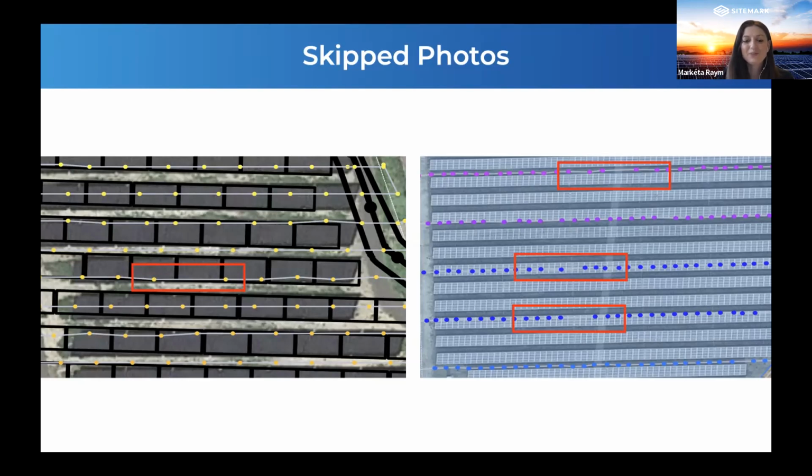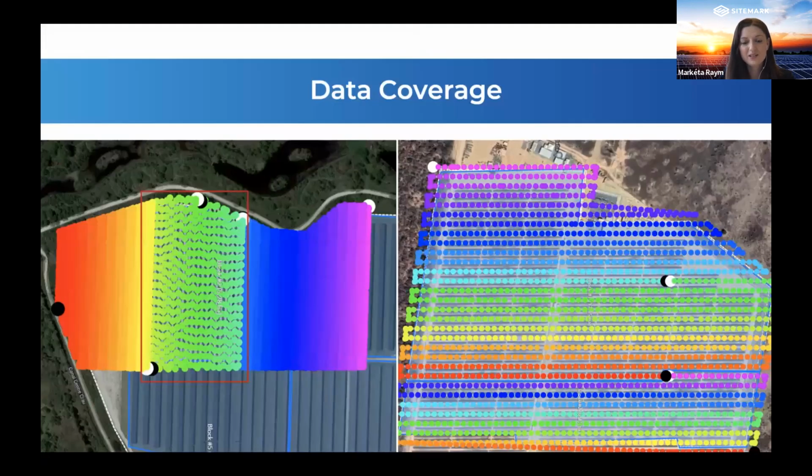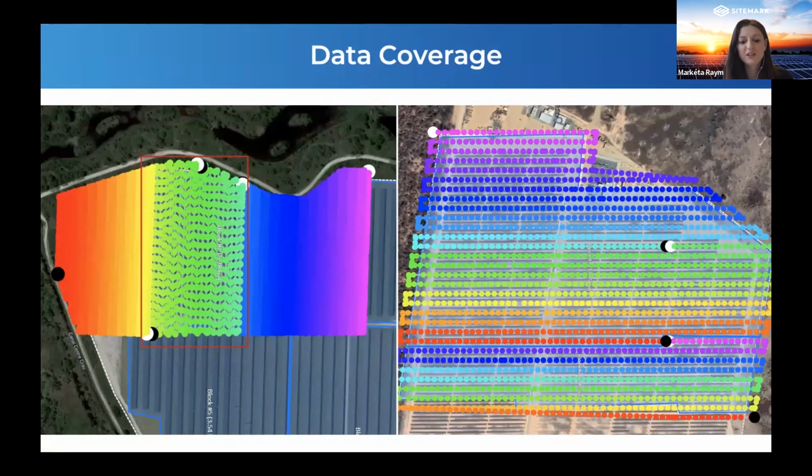But sometimes, what if the data are not as you expect it to be? And this can be, of course, an issue, because missing data like this can reduce the side and the front overlap. And reducing the front and side overlap can result in modules being missed. And that's, of course, something that neither the pilot, neither us and customer wants.